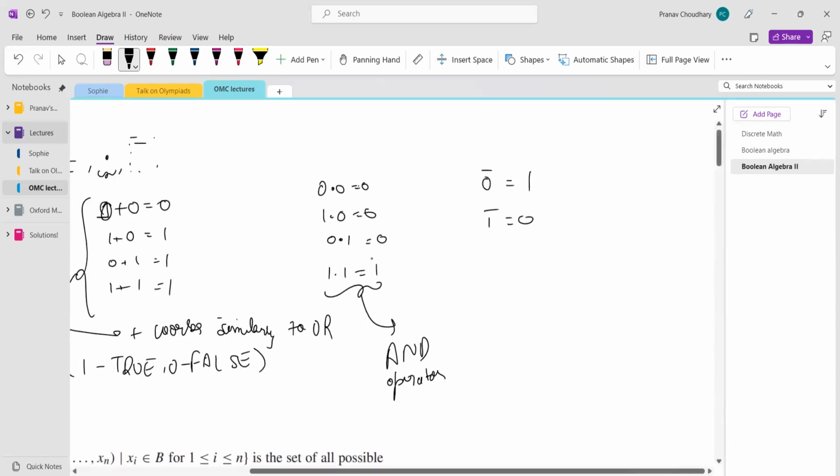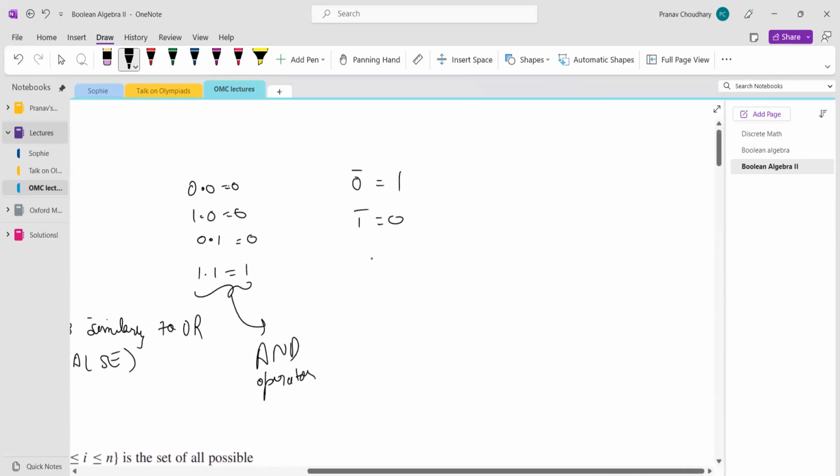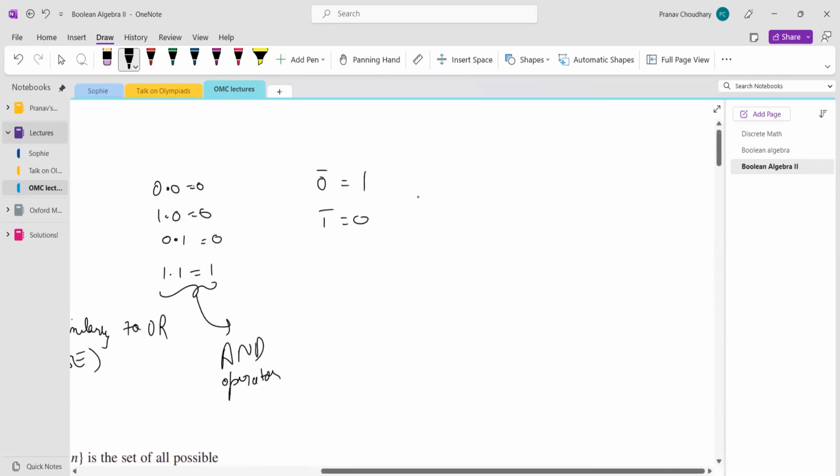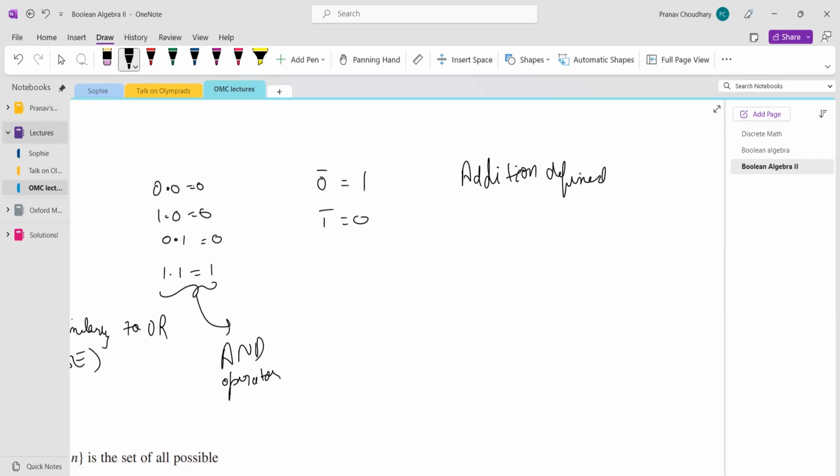Okay, so once you have integers, how do you define subtraction? It's like you add a negative number basically, right? So if you have addition defined, this means subtraction is defined using addition, right?